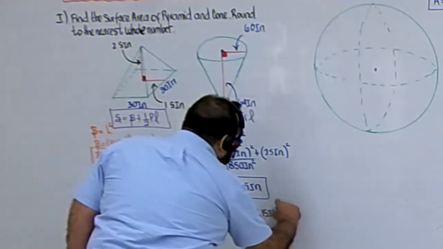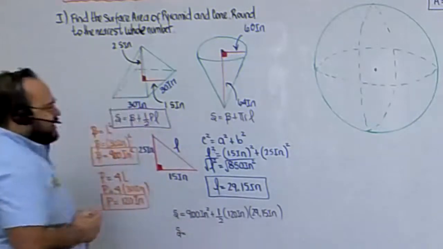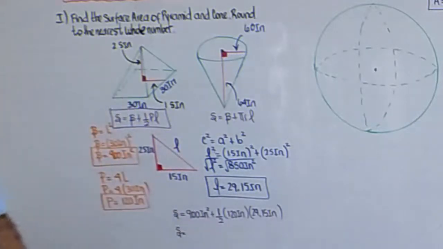29.15 inches, okay? At the moment, we're going to apply this formula in your calculator. Remember, 1/2 multiplying by 120 multiplying by 29.15, that result adding 900.